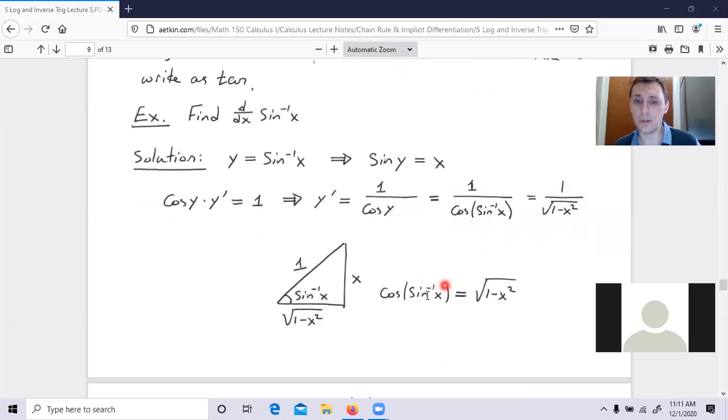So the answer is cosine of sine inverse of x is root 1 minus x squared. Please confirm in the text whether you understood the calculation.